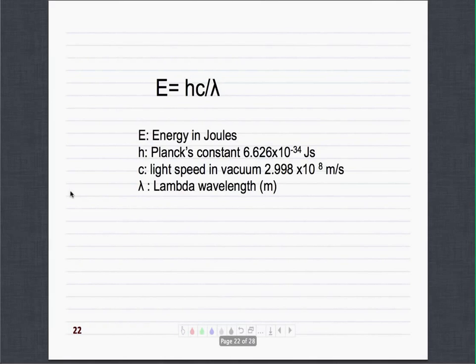If you know the frequency, you can also calculate the energy. So the energy equals h nu. So there are two equations for the energy. Actually, one leads to the other. So the energy equals hc over lambda, and the energy equals h nu, where nu is the frequency. So if you have the frequency or the wavelength, you can calculate the energy.